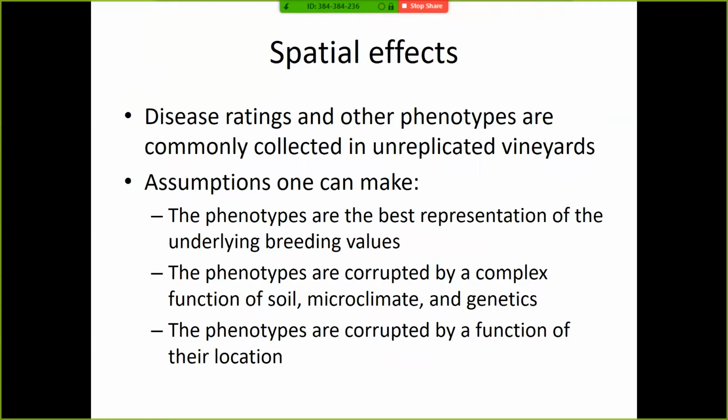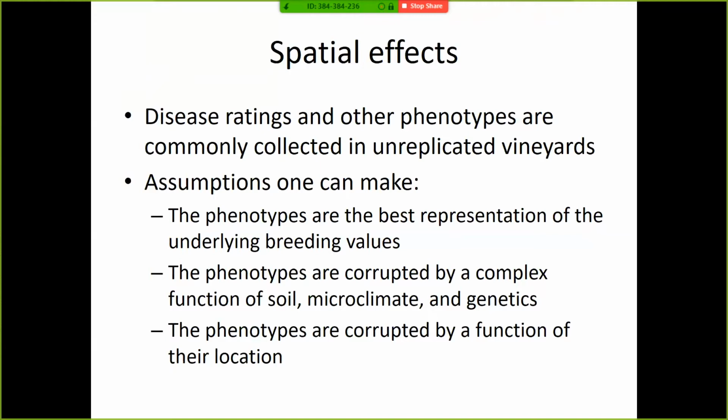And it's commonly done in unreplicated vineyards, although not in all cases. Some assumptions one can make are that the phenotypes that we measure are the best representation of the breeding values. Another assumption is that the phenotypes are corrupted by a complex function of soil, microclimate, and genetics. This is likely the case.